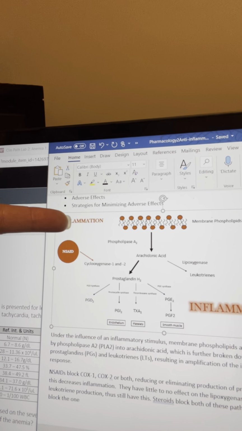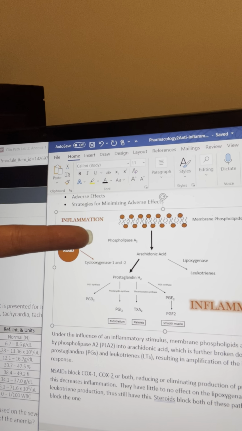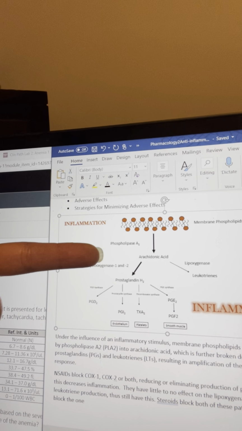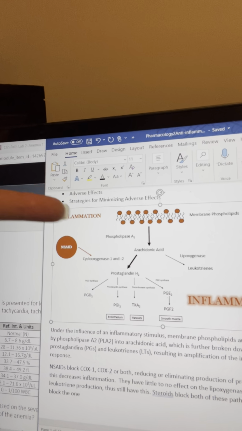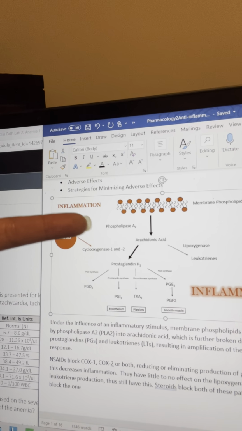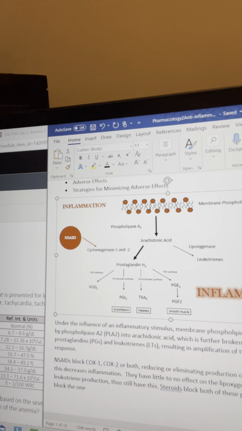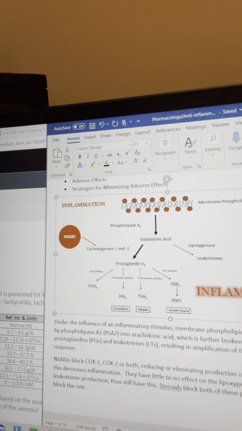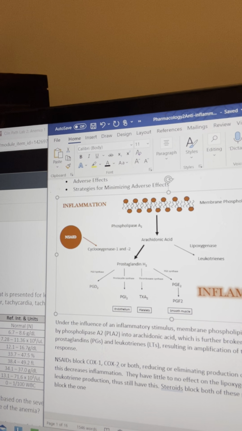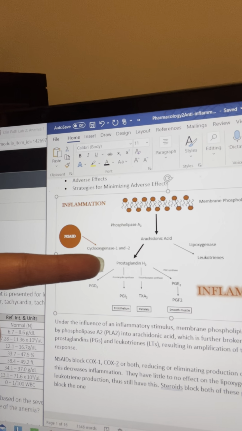So as you can see, we get inflammation, triggers a response. So then the phospholipase here is what promotes the arachidonic acid, and then the arachidonic acid further breaks down to the leukotrienes, like I said, and the prostaglandins H2 here.